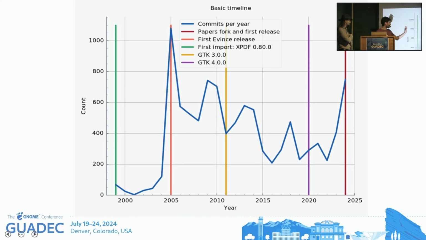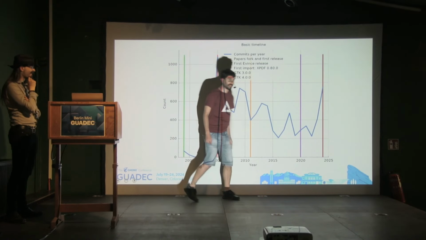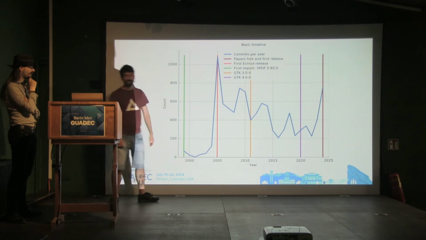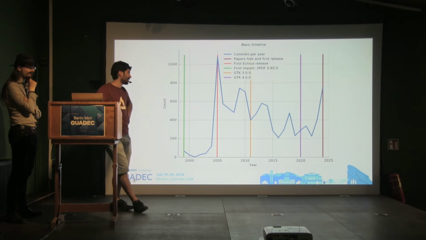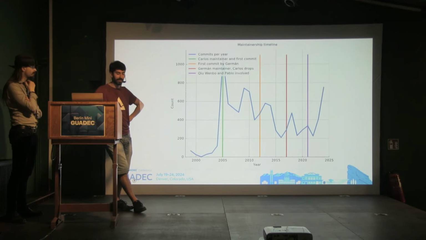In the middle there were quite some big milestones, because when Evince was first released, it was a GTK2 app, and the GTK3 and GTK4 releases happened in between. But it's a bit sad to see that despite those things, the trend is still going downwards. So it doesn't speak super well about how the whole GNOME community has kept this app alive.